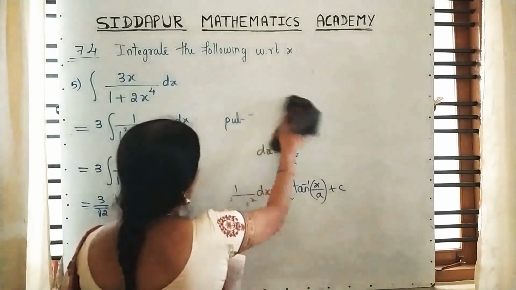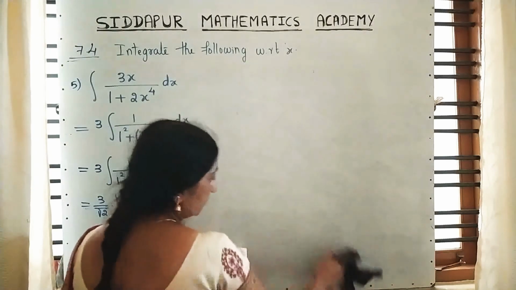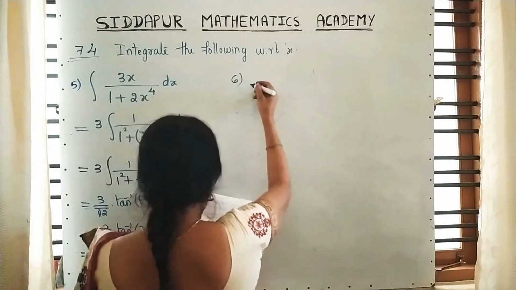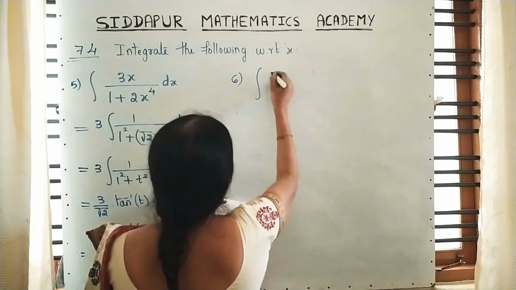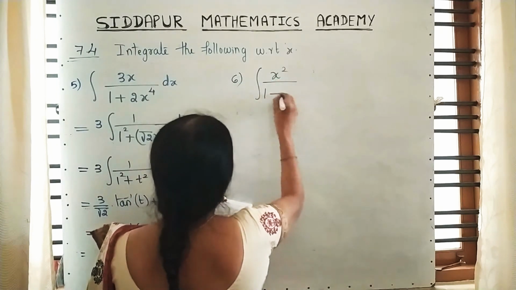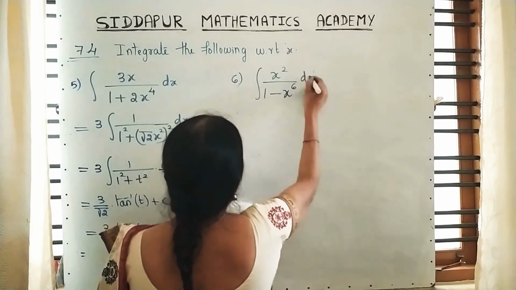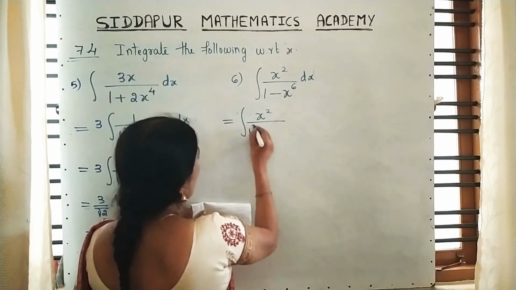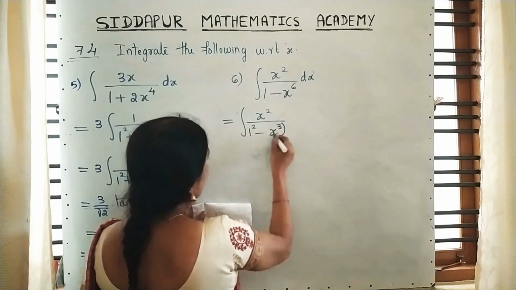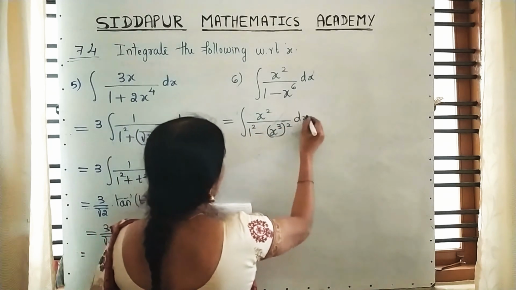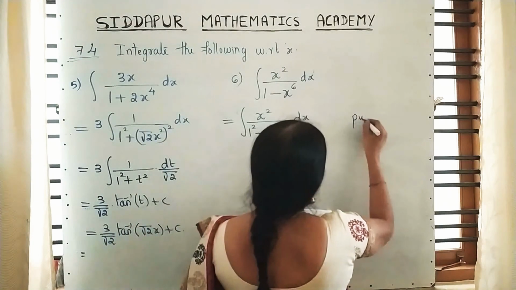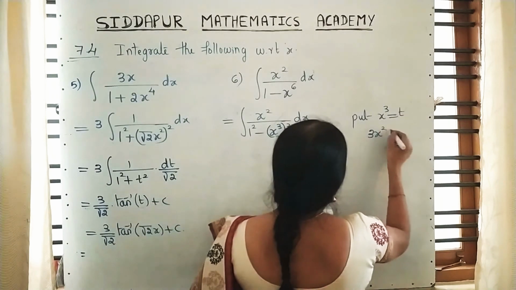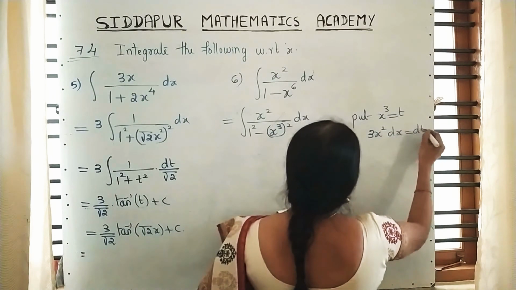Moving to the next question. That is question number 6. X square upon 1 minus x raised to 6. So this will be written as x square upon 1 square minus (x cube) whole square, and the substitution is x cube is equal to t, that is 3x square into dx is dt.